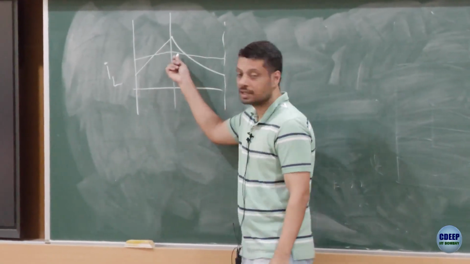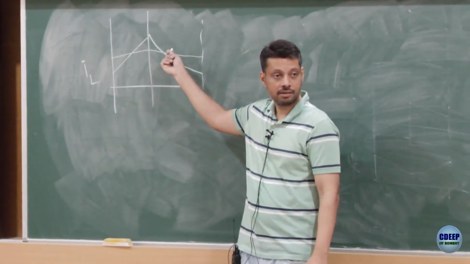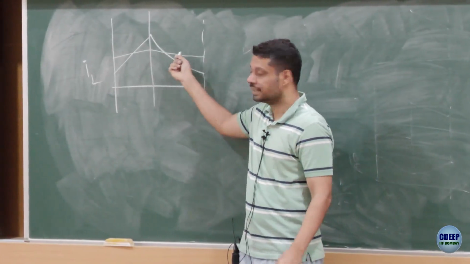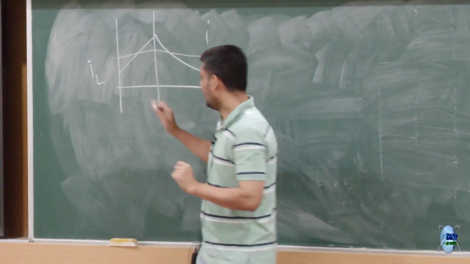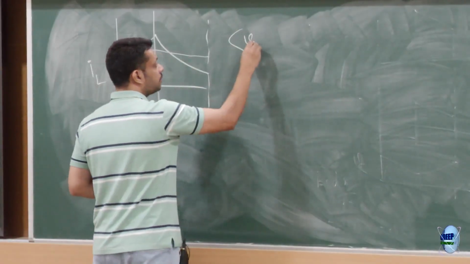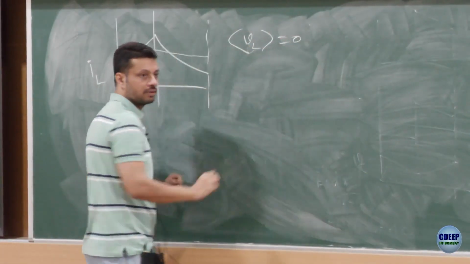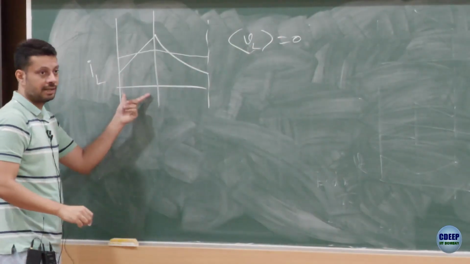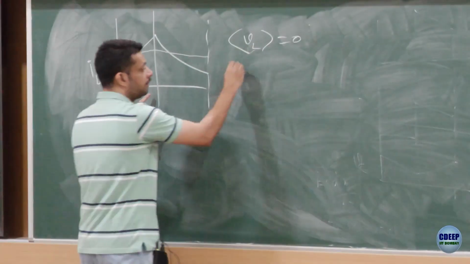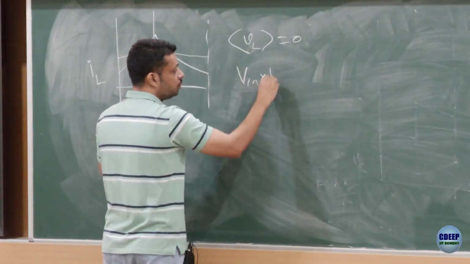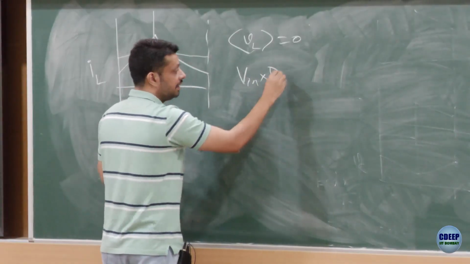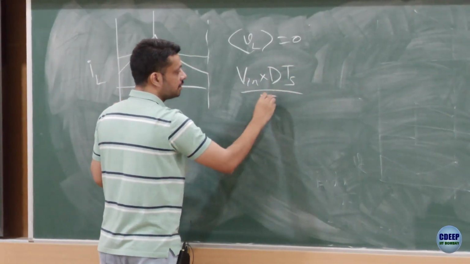This waveform is okay because the inductor ripple is so small. The average value of inductor voltage must be equal to 0. That is also okay. In this region, the voltage applied is V in into D into Ts, upon Ts.